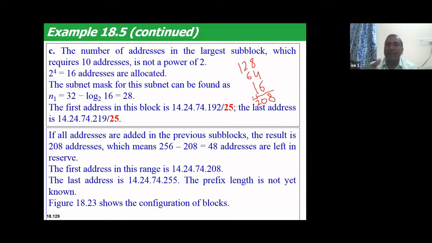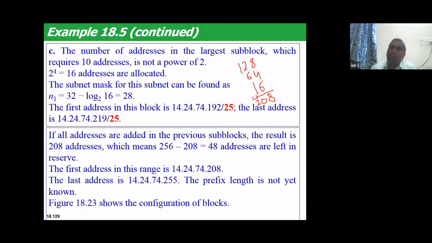So we have seen that to the first subnetwork we have given 128 addresses, to the second subnet 64 addresses, and to the third subnet 16 addresses. Despite that, we have another unused part.